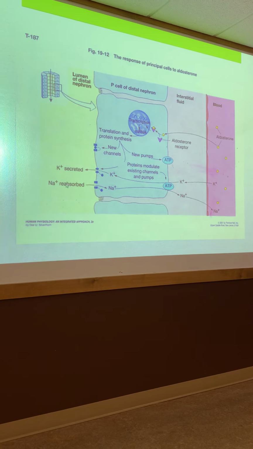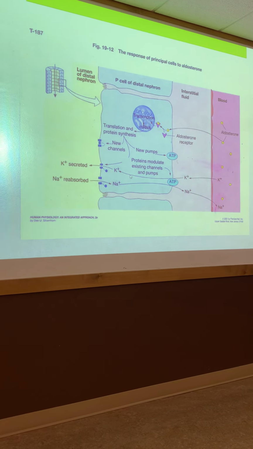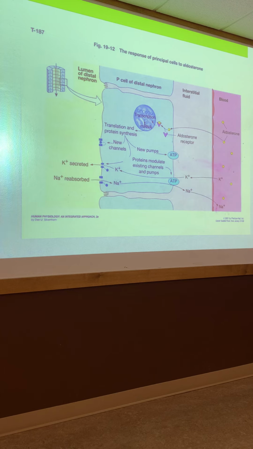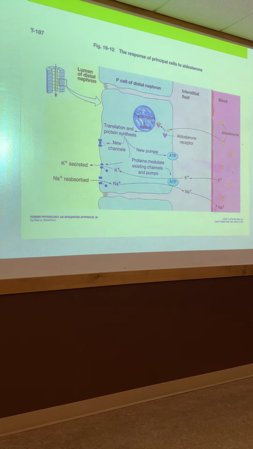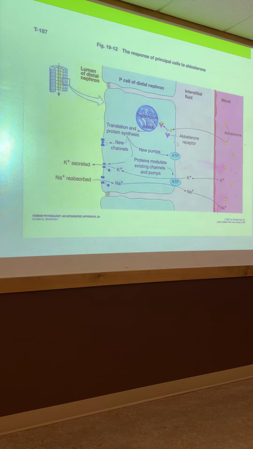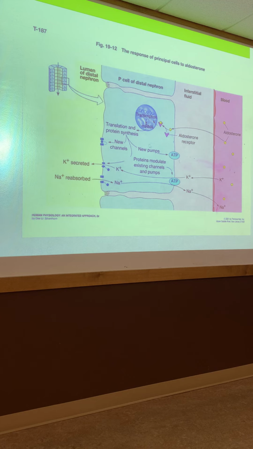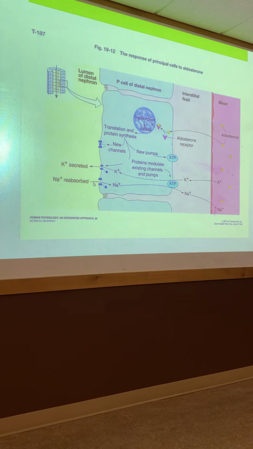Sodium's gonna come into the cell, leave because of the sodium-potassium pump, and enter the blood. And where sodium goes, we're also gonna bring in some water. Aldosterone binds to the cells of the collecting duct, creates these sodium channels.